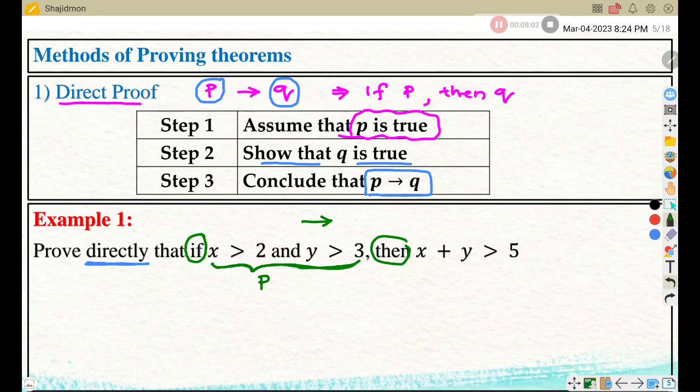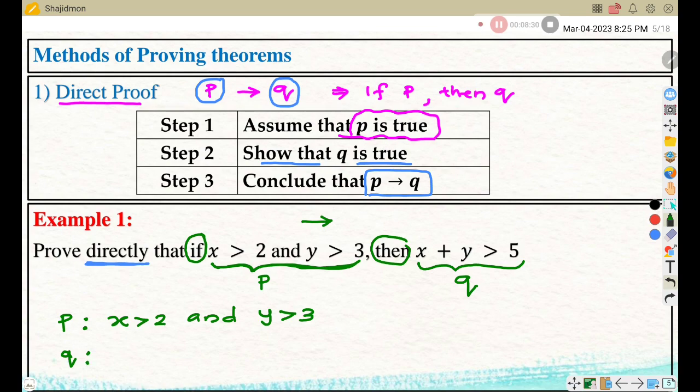Then what do we need to prove? x plus y is greater than 5. This is the Q statement. Once you get a question, just identify the P statement: x greater than 2 and y greater than 3. Now the second one, what is the Q statement?